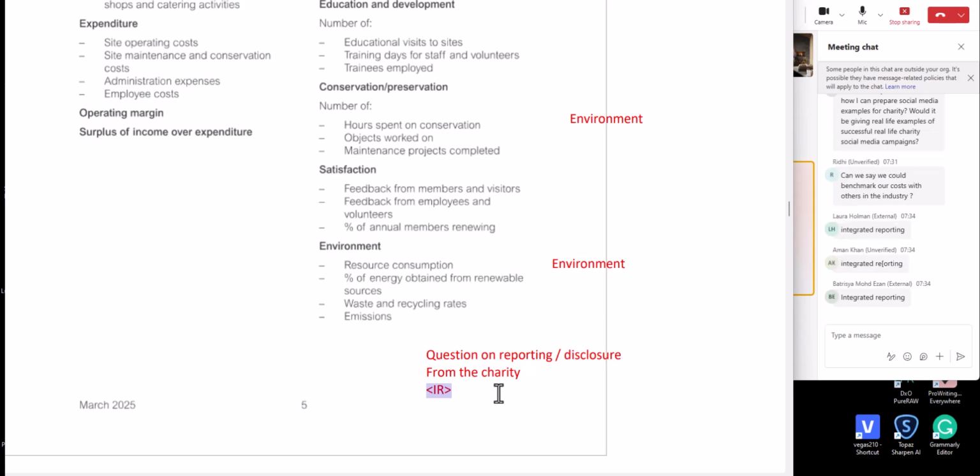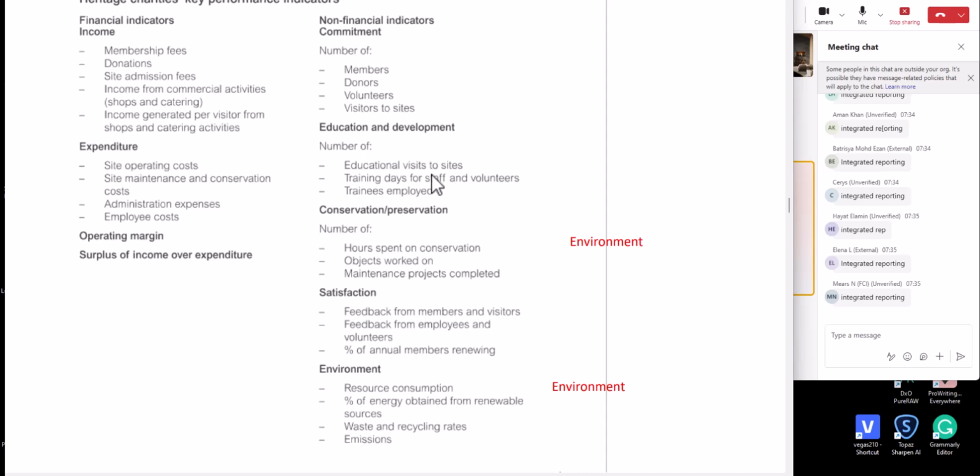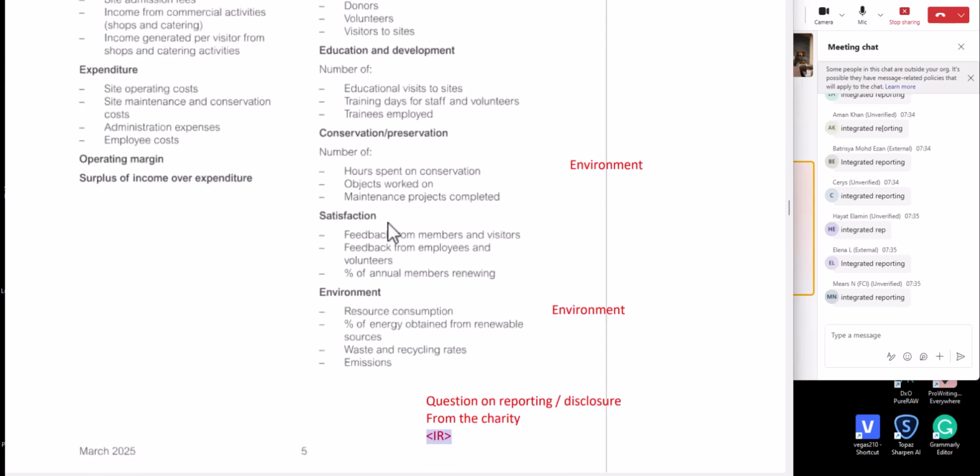Yeah, so this is going to be integrated reporting.